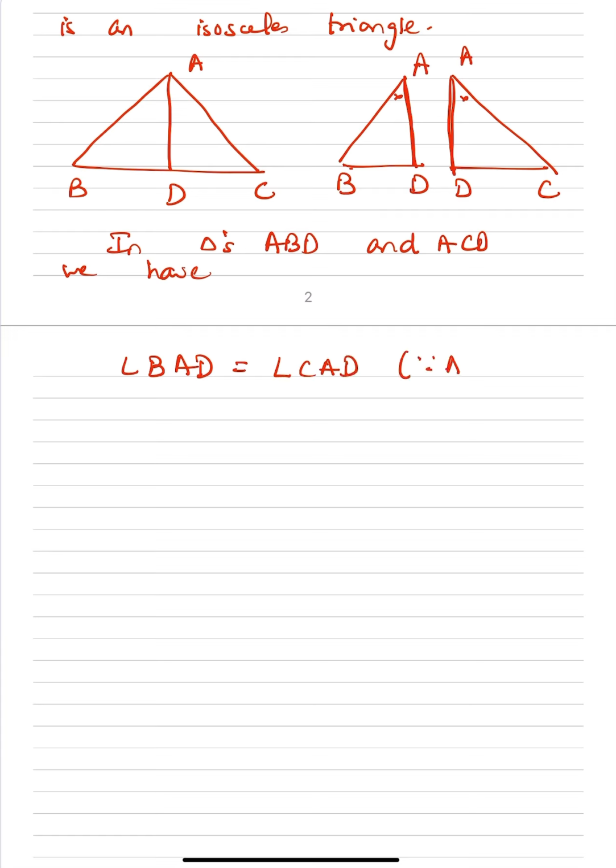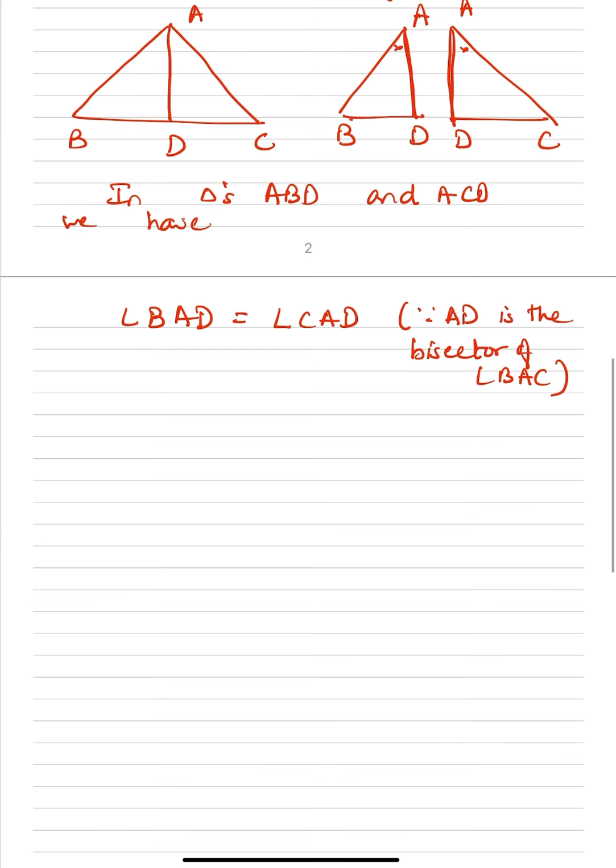Why? Because AD is the bisector of angle BAC. What is a bisector? It divides an angle into two equal halves. Now, the other thing we have is angle ADB, because this is angle side angle. So here we have to prove two angles equal and only one side equal.